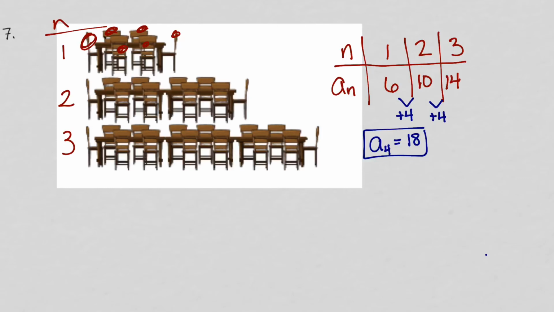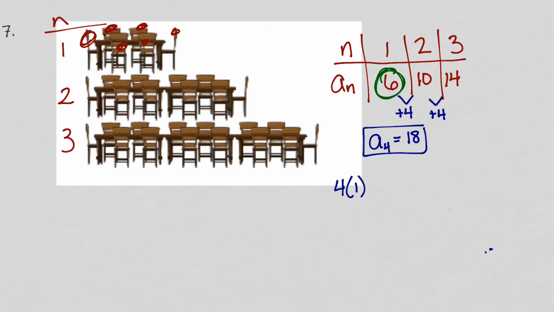And then I need to write my rule. Well, it's linear, so I know I'm going to take that difference and multiply it by n. Okay, so 4 times 1 is 4, but for my very first term, I'm actually wanting 6. So I need to add 2 to that. Then I get 6. Well, let's try that for the second term.